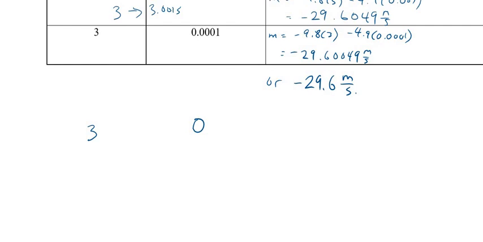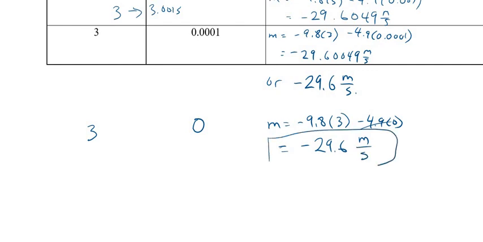So now that we've done that, let's take m equals negative 9.8 times 3 minus 4.9 times 0. And of course, negative 4.9 times 0 cancels, so we're left with negative 9.8 times 3, which is just negative 29.6 meters per second.